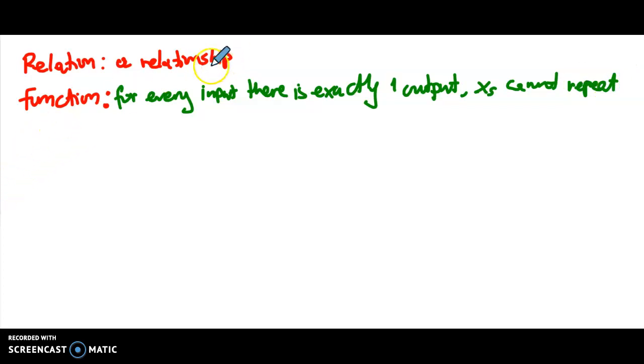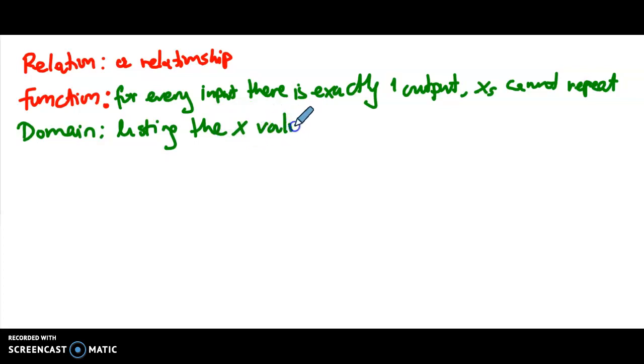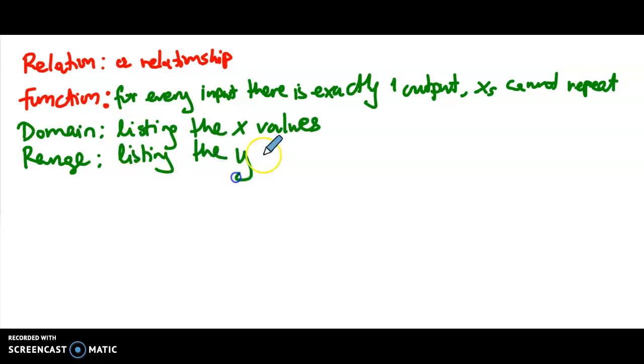We're also going to be talking about domain. Domain is just listing the X values. And range, listing the Y values.